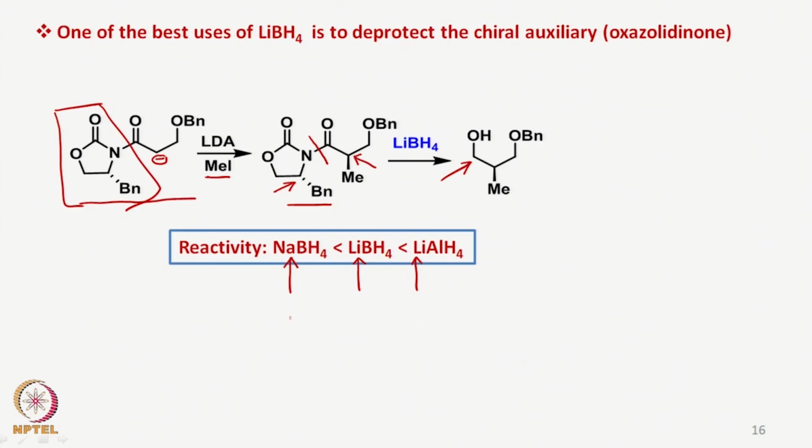So from lithium aluminum hydride to lithium borohydride to sodium borohydride, the reducing power keeps decreasing, and that has to do with the lithium ion versus the sodium ion, and of course boron versus aluminum. This is how the reactivity profiles have been found.